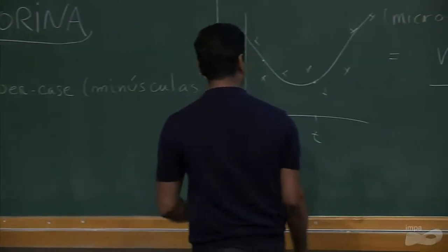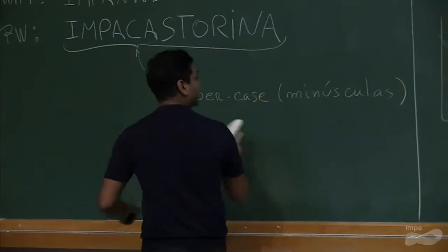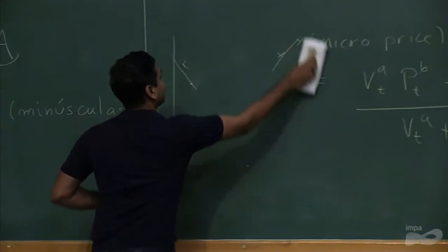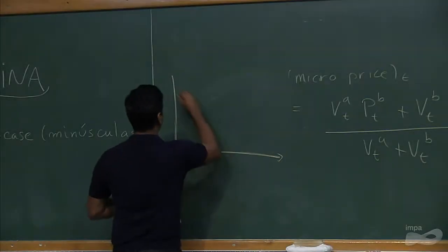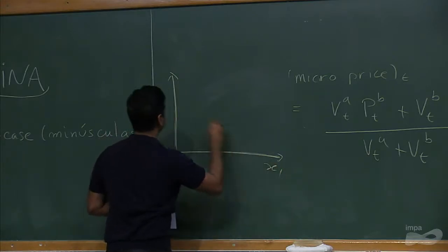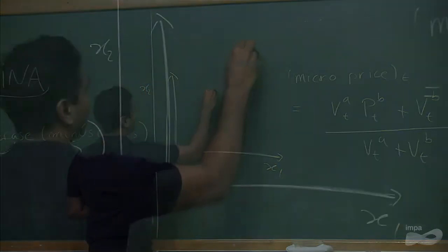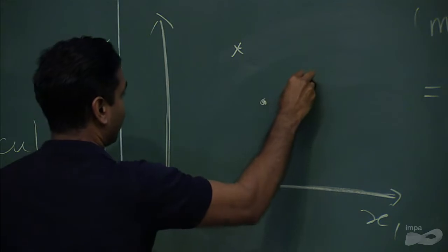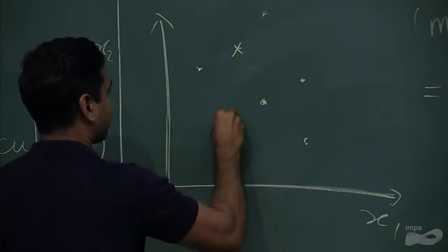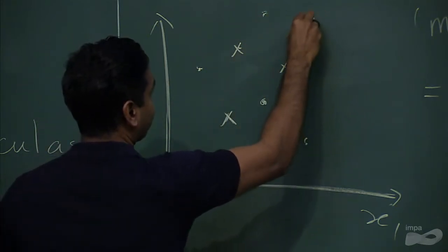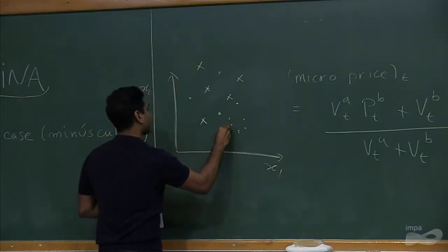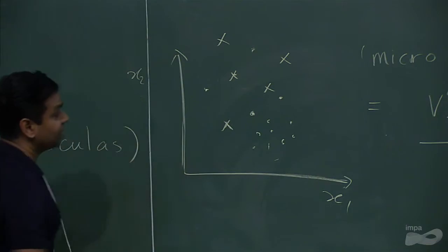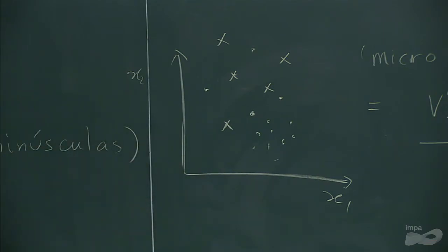In fact, it's probably a good idea to have a diagram here at the same time. So we have our feature space. This is x1, x2. Maybe I've shown a collection of data points.